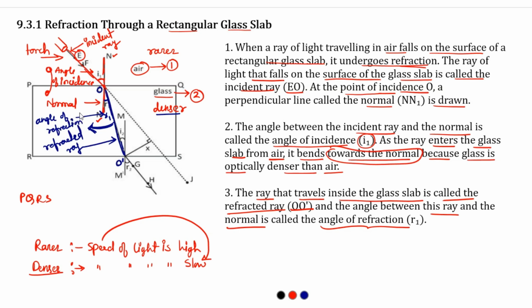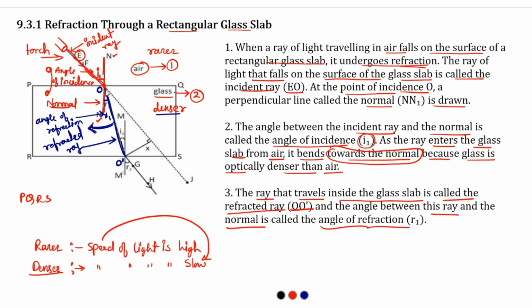So all this occurs at the first boundary. Let me explain it once again. This is our incident light, the incident ray, and it is incident at the point O. At O we draw a perpendicular line which is called the normal. See here I have written normal. The angle between the incident ray and the normal is called I1, which is nothing but the angle of incidence.